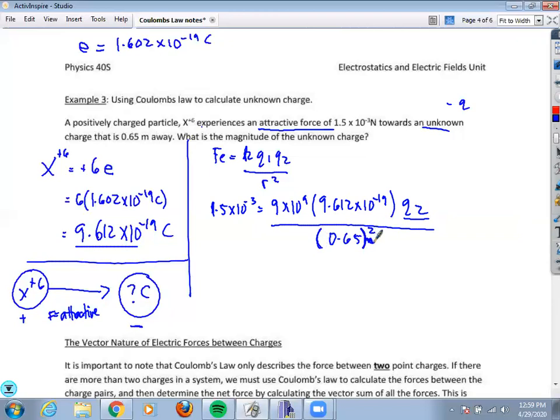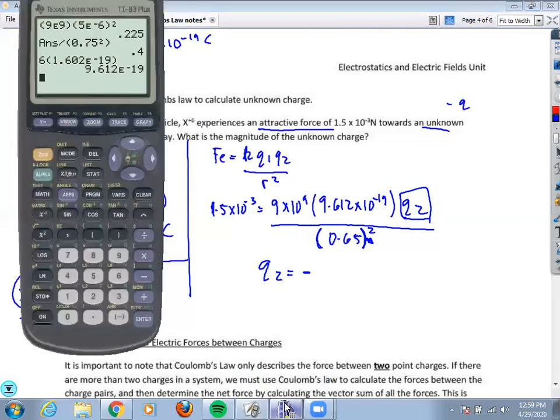So now how do you solve for Q2? Well, we just move the variables around. We square the 0.65, we multiply it over, and then divide it by the product of those two numbers. So I can do that all in one step. And we know Q2 has to be a negative number because it is attracting the positive charge. So regardless of if we get a positive or negative number, we know Q2 is negative.